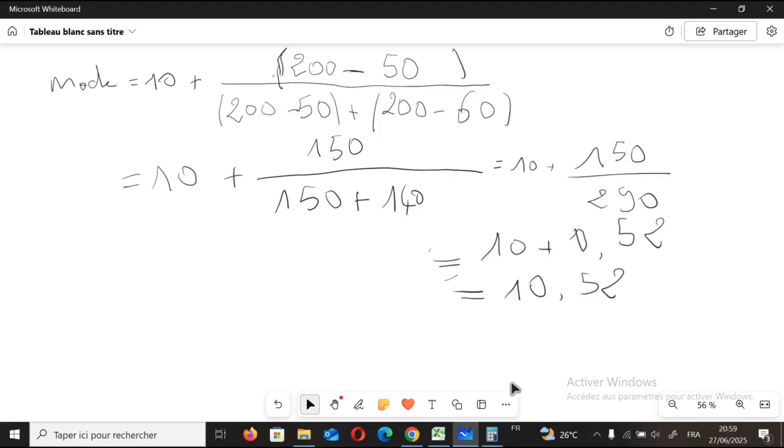So we have a direct Excel formula to calculate the mode. I explained that just for you.